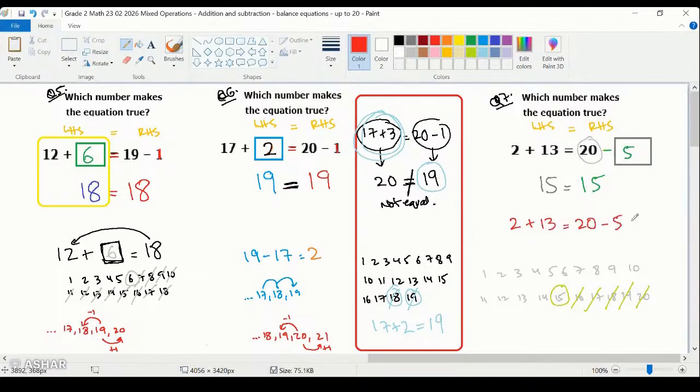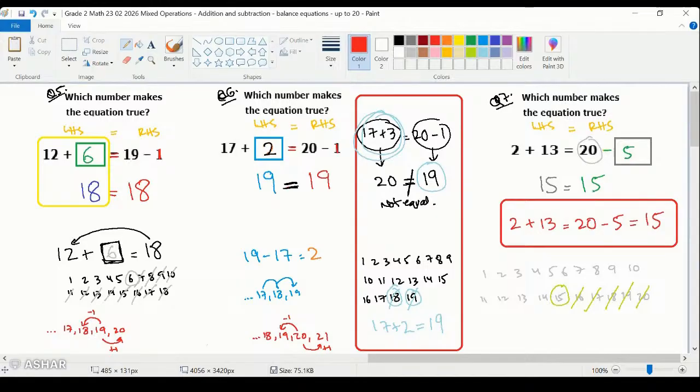They both are equal to 15. Agreed? So the missing number was 5. Okay? Do we agree? Any questions up till now?